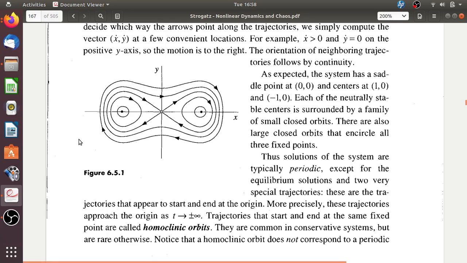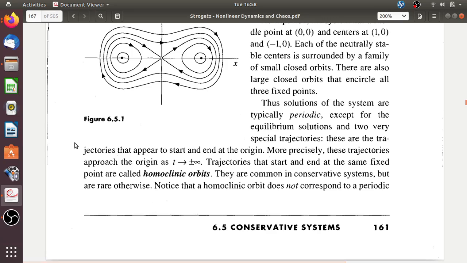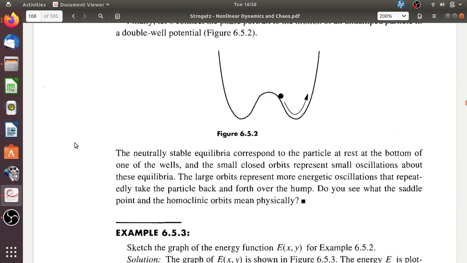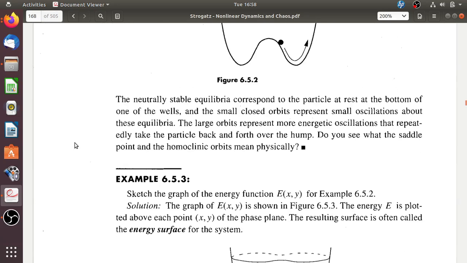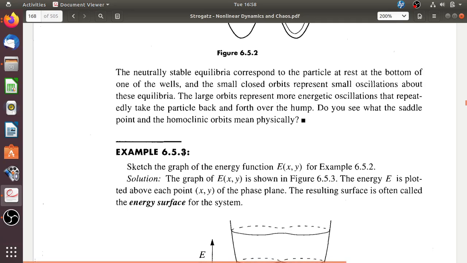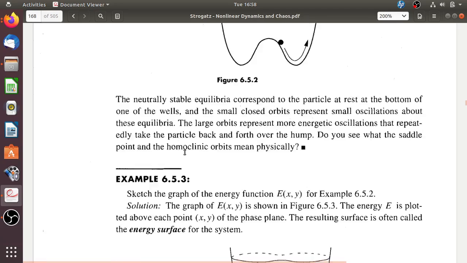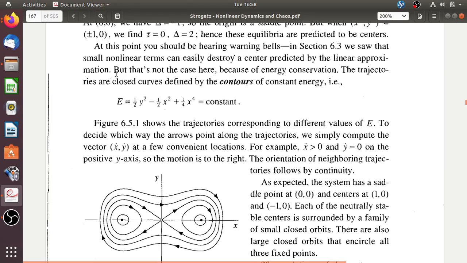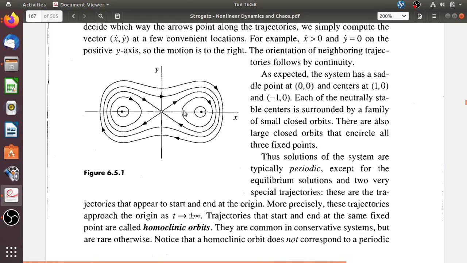So now we know how to construct a phase trajectory, and we could understand how the system behaves based on the phase portrait. So in this example, what we are going to do is see how I can understand the phase portrait just by using this equation.